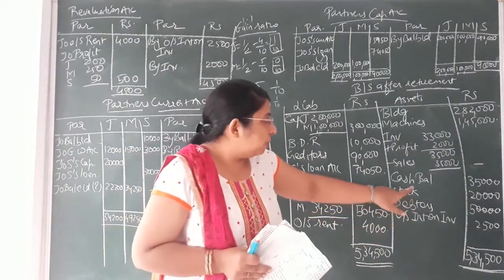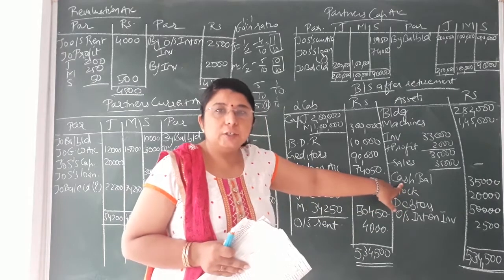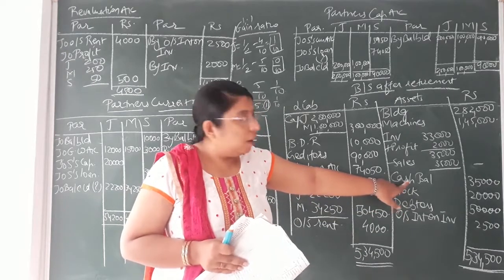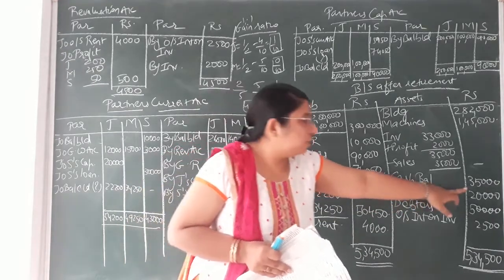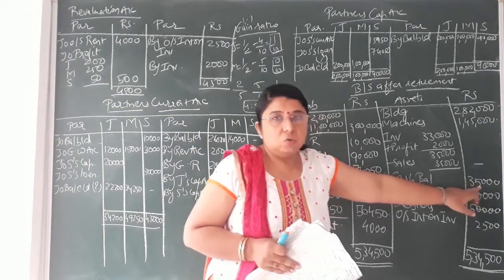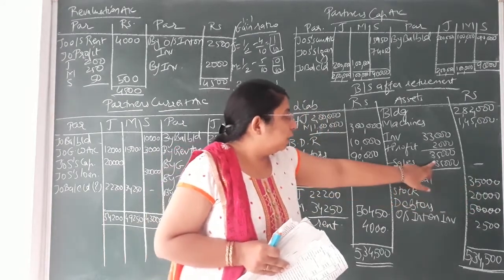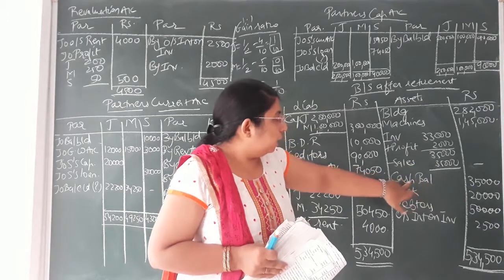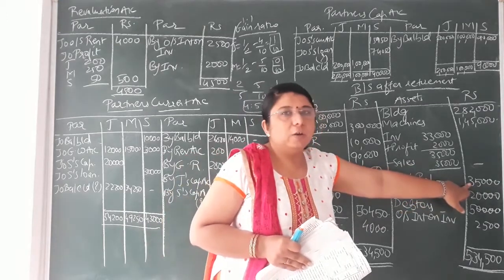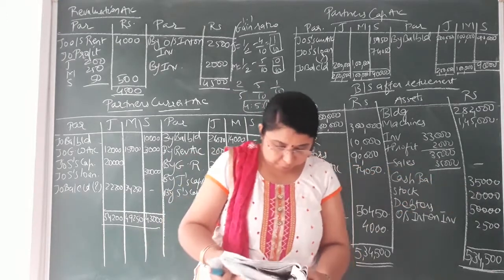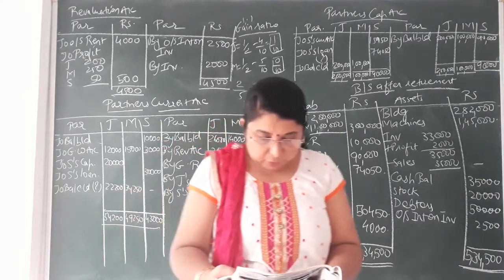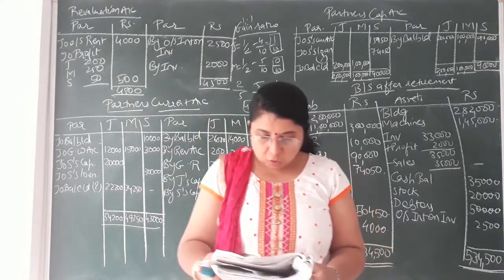So over here, cash balance, basically in the old balance sheet in the question it was not given to you, but now the cash balance has arisen of rupees 35,000. So the simultaneous entry: over here 35,000 will be deducted and over here cash balance will be increased by rupees 35,000. Then loan to Smriti, then the current account of Smriti.